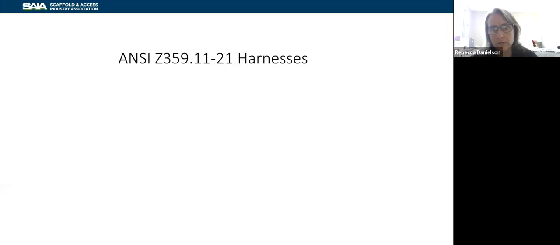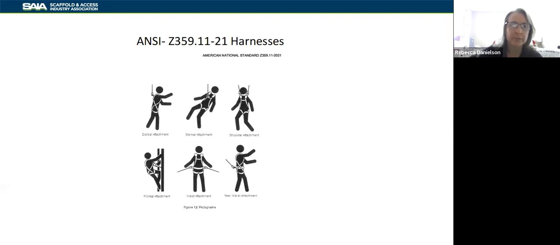So harnesses, there was a minor change within that standard that came out in 2021, and you'll start seeing it eventually here. The pictograms came back. We had them for a long time, they disappeared and they came back. And this is just to help people look at the label.